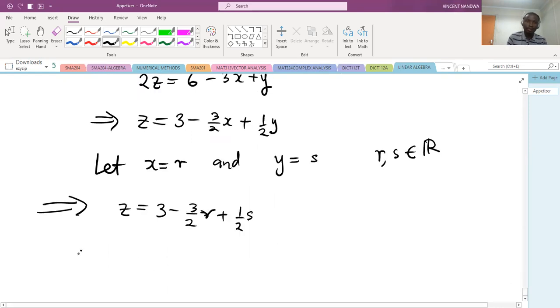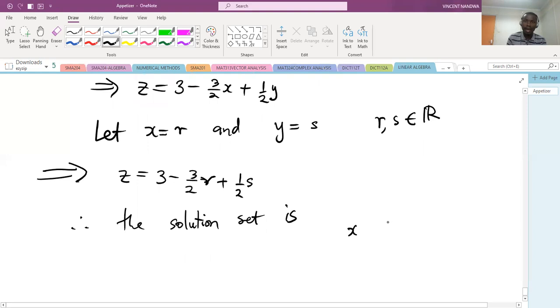So therefore the solution set is x is r, y is s, and then z is 3 minus 3 over 2 r plus a half s.